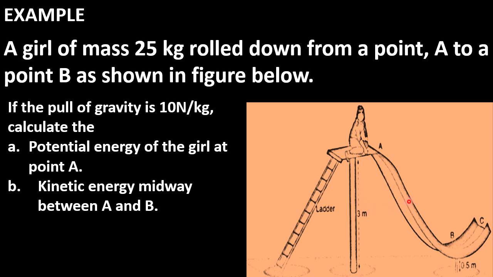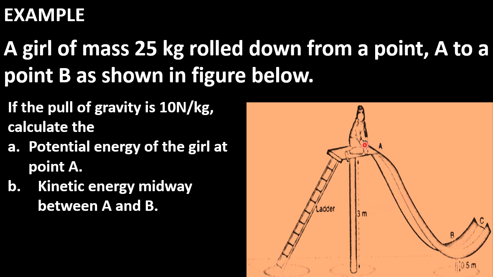If she's here in the course of moving, it means she's at half of the original height. Half of 3 is 1.5. So halfway here, what would be her kinetic energy?